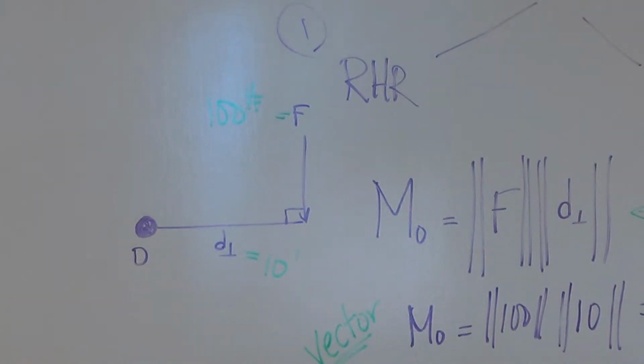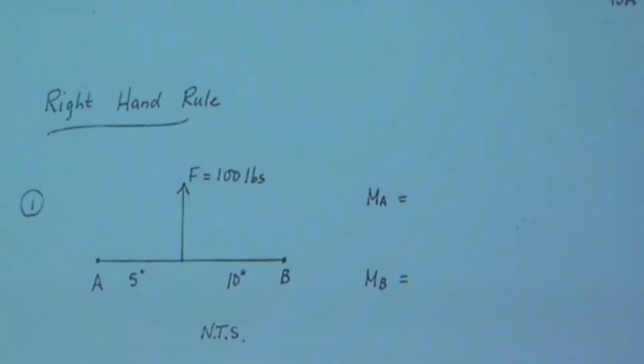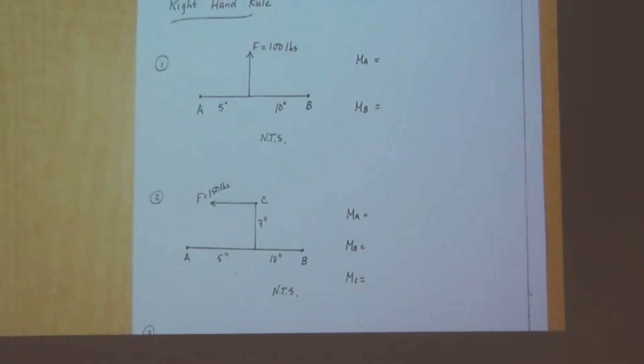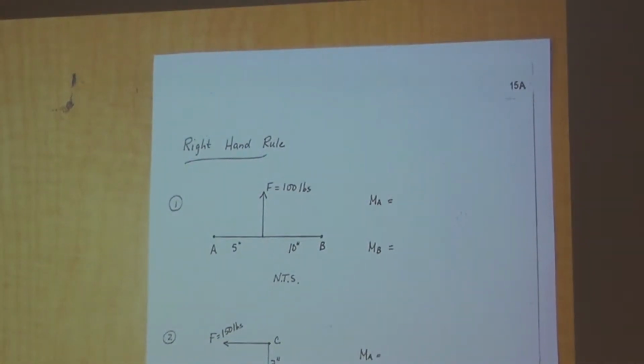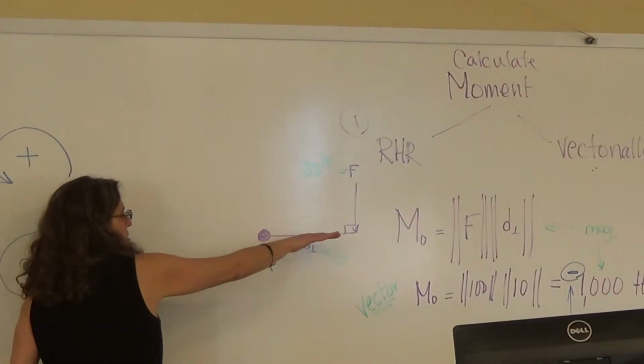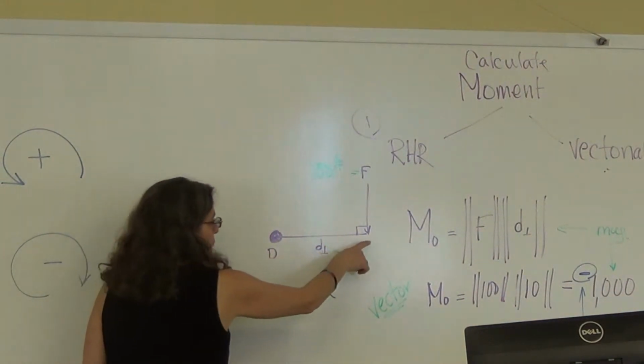Okay, let's look at some problems. I think what some of you do from physics is you put your fingers in the direction of R. We're not talking about R right now. You put your fingers in the direction of force, so we can do that if you want. What some of you are used to is putting your fingers in the direction of the distance, going from the point you're finding the moment about to the force.